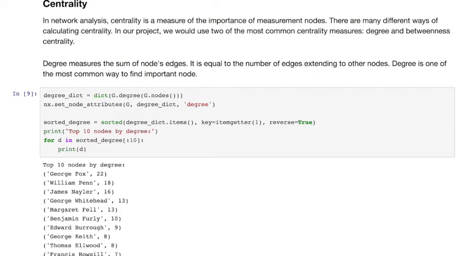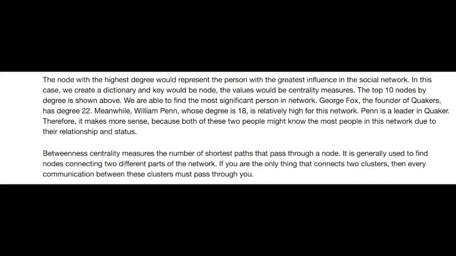The more relationships a node has, the higher centrality it will have. In our case here, George Fox has 22 degree, so it might be the most important person in this network. It might mean that he knows 22 people in this network. So he knows the most people in this network.